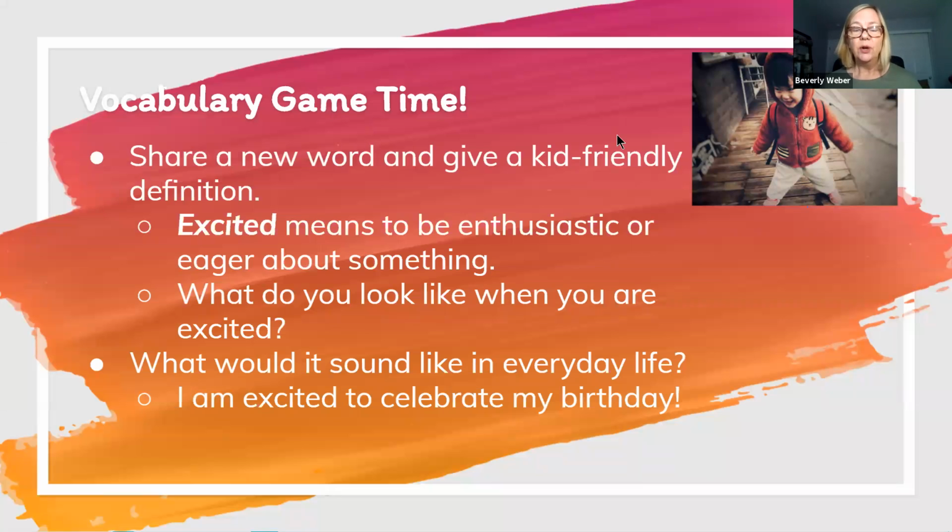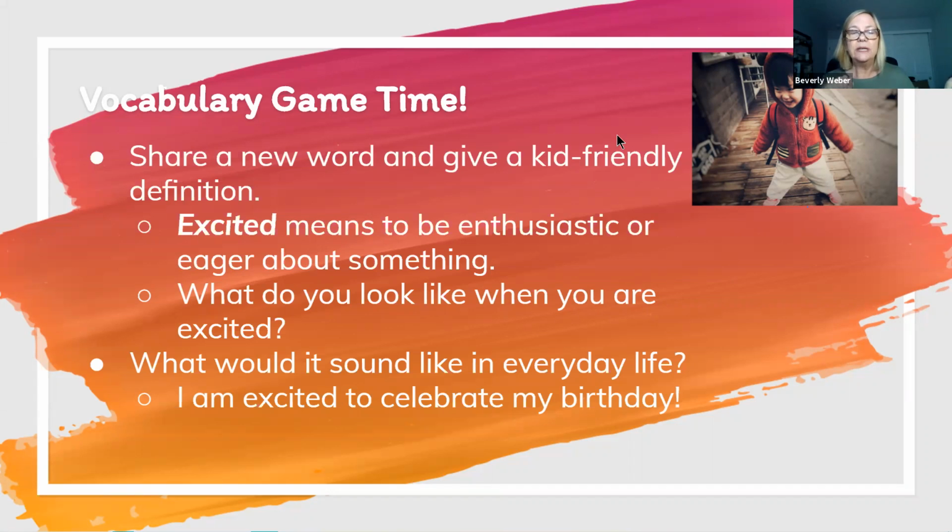We can learn about vocabulary words such as excited and maybe emotions and feelings, things that are happening around us. We can also learn vocabulary about science that students are learning, science, social studies, math, language arts, stories and texts that they're reading.